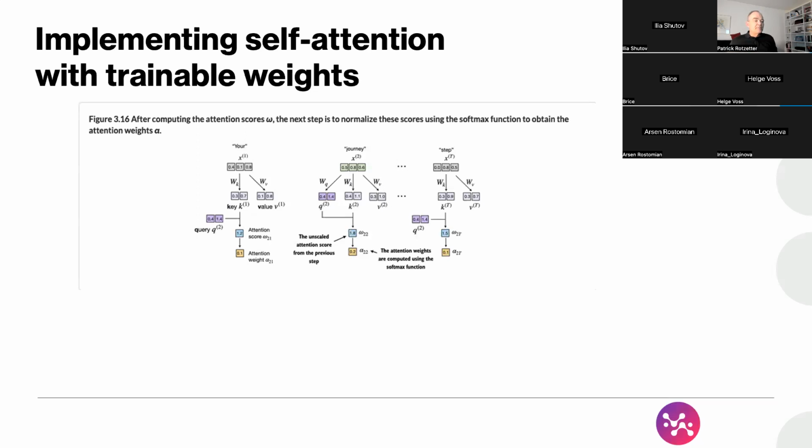And the third step is going from the attention scores to the attention weights. As earlier, we compute the attention weights by scaling the attention scores and using the softmax function as we did earlier. The difference is that we now scale the attention scores by dividing them by the square root of the embedding vector dimension.